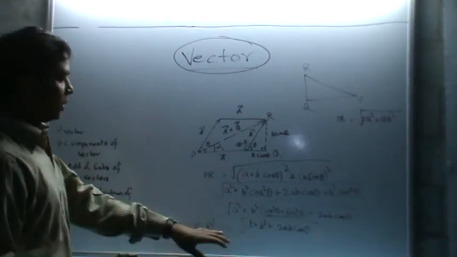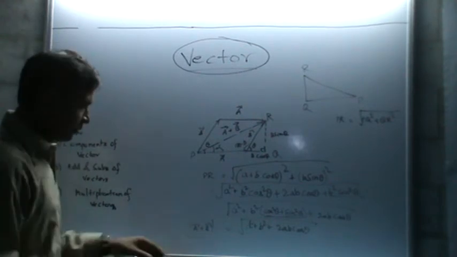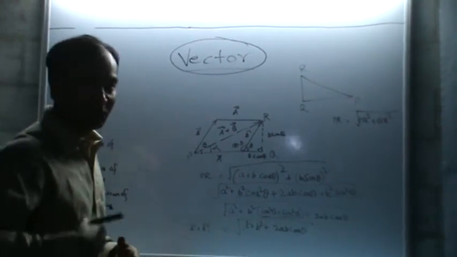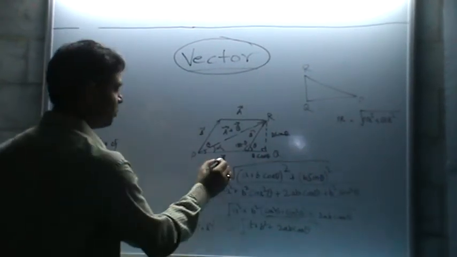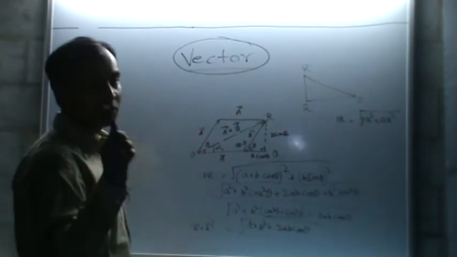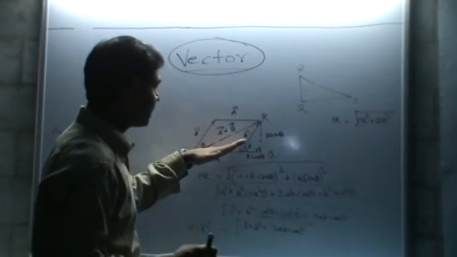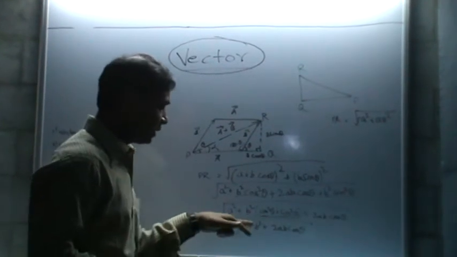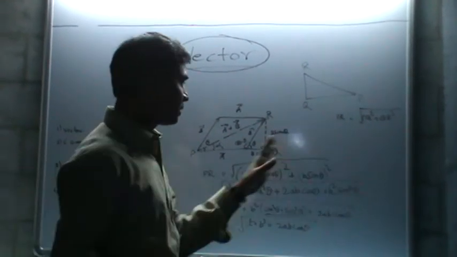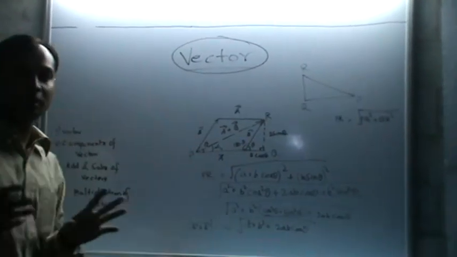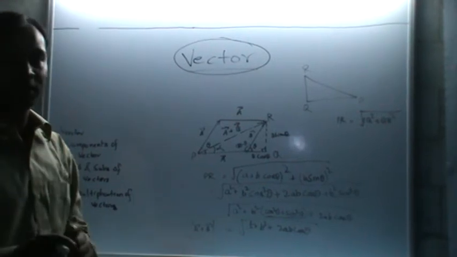So tomorrow if one person is pulling you in this direction and another person is pulling you in this direction, if you know these two forces, then you can calculate exactly with which speed and in which direction that person will move. This is the meaning. I'm just giving you a very basic and simple example.